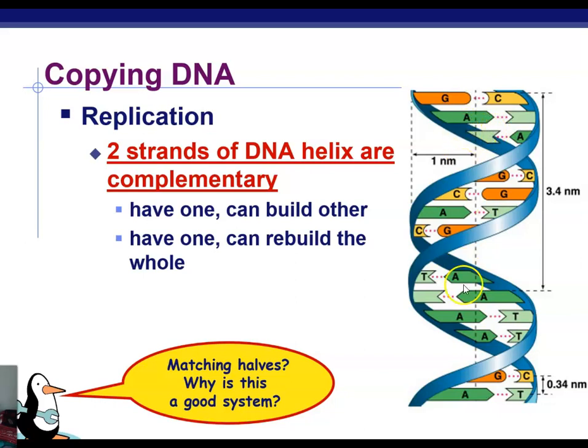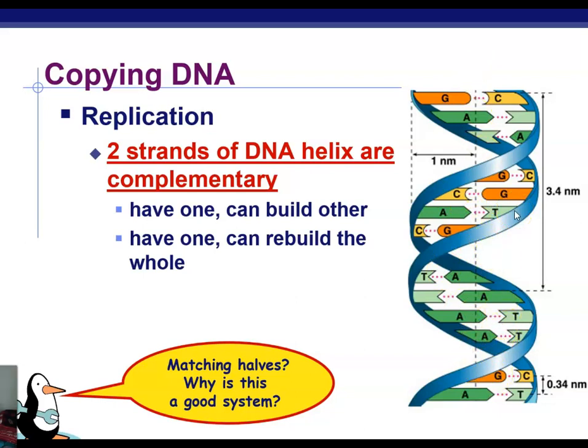When DNA copies itself, as it has to do whenever mitosis happens, or meiosis, or binary fission in prokaryotes, that's called replication. I don't know if I want to say it's easy, but we can unzip these weak hydrogen bonds between our bases, and then we can fill in the middle.